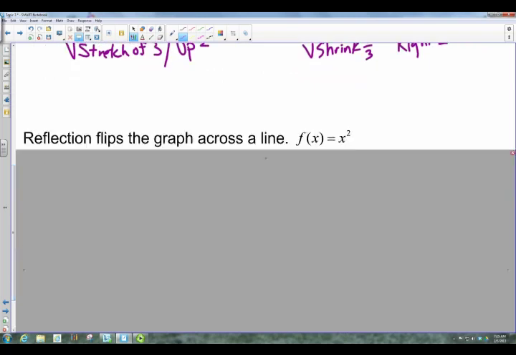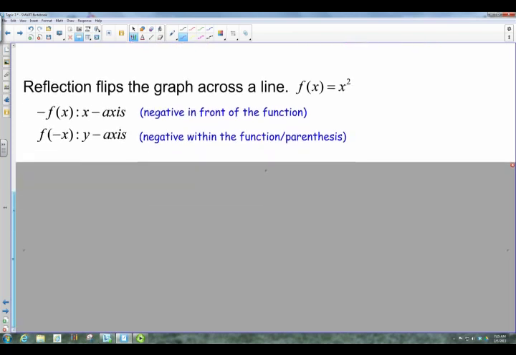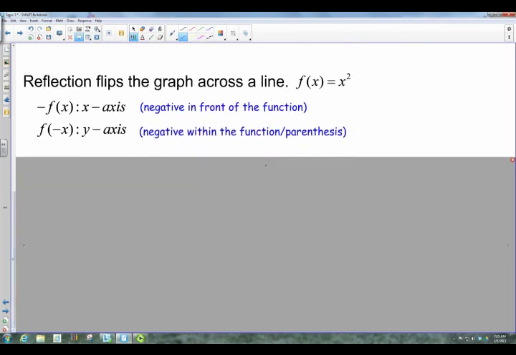Okay, the next topic and the final topic in this section is a reflection. Now what a reflection does is it flips the graph. You think a parabola opens up and then another one opens down. Well, all that's really happening there is it's being reflected, kind of like a mirror. Now there's two types of reflections: an x-axis reflection and a y-axis reflection.